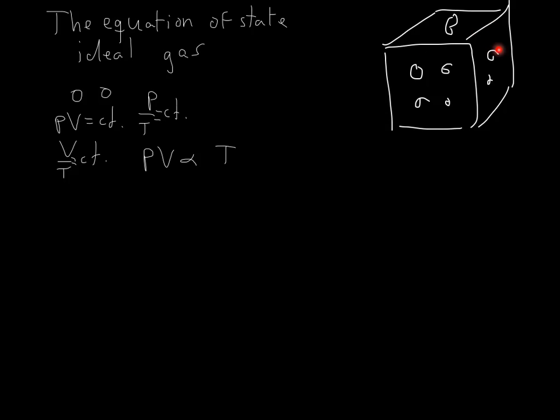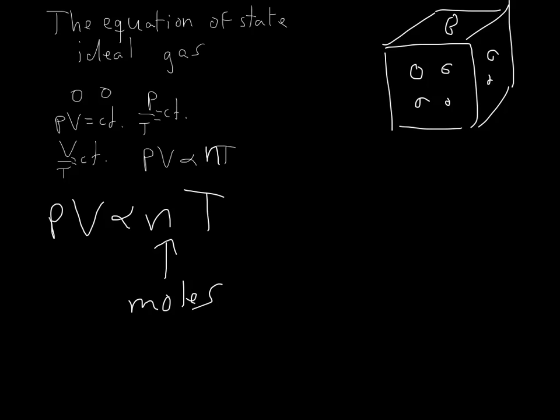More molecules, more bounces, more pressure. So PV should be proportional not only to T, but to the number of molecules. Now, because we don't like dealing with numbers of molecules, what do we deal with? Yes, I just heard you say moles. Very good. And the number of moles, we call it N.